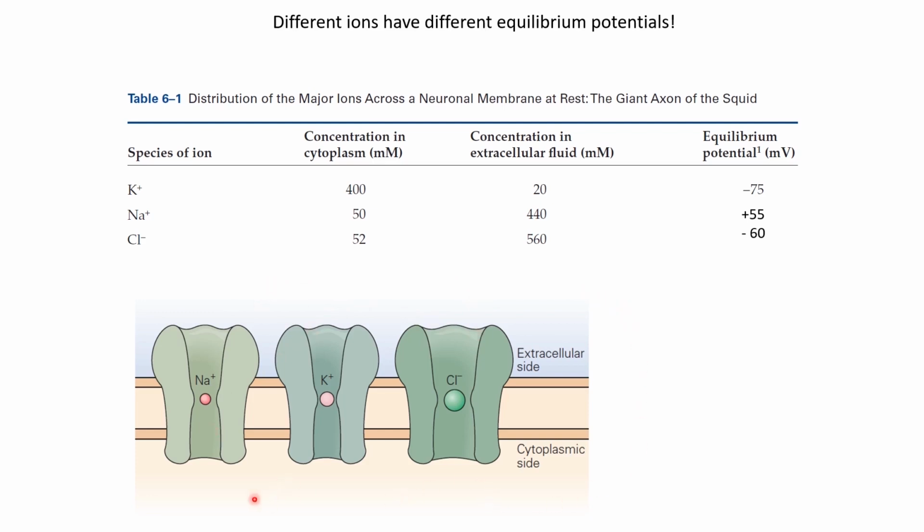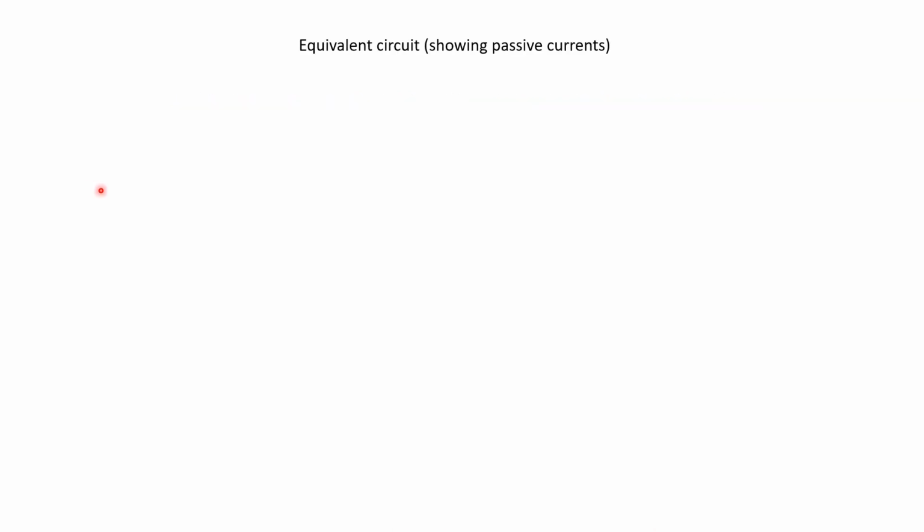Each of them will have their own driving forces depending on the exact membrane potential and the equilibrium potential of that particular ion. So we can represent the ion channels for different ions by the corresponding resistance or conductance and the corresponding battery. Sodium's conductance and sodium's battery, potassium's conductance and potassium's battery, chloride's conductance and chloride's battery, and these are all in parallel. So now we can update the equivalent circuit of a piece of membrane by putting all the ions together.